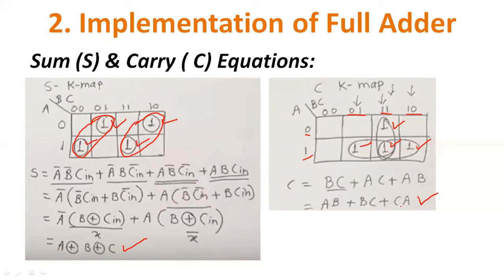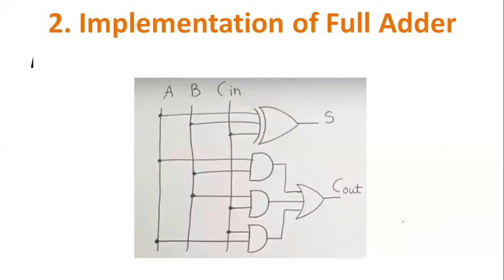Now we have to implement this by using these equations. So sum will be A XOR B XOR C, and carry will be equal to AB plus BC plus CA. So here is the implementation. We require two XOR gates because we cannot implement it using one 7486, as the 7486 has only two inputs.